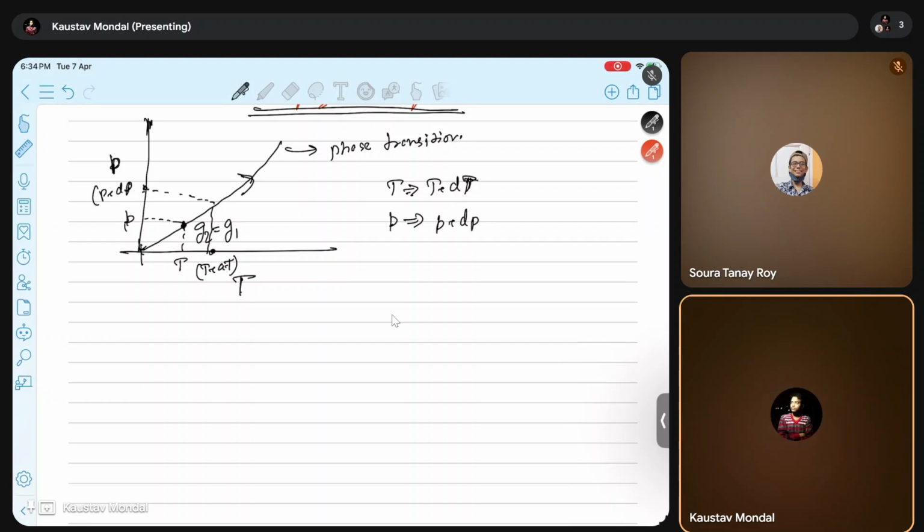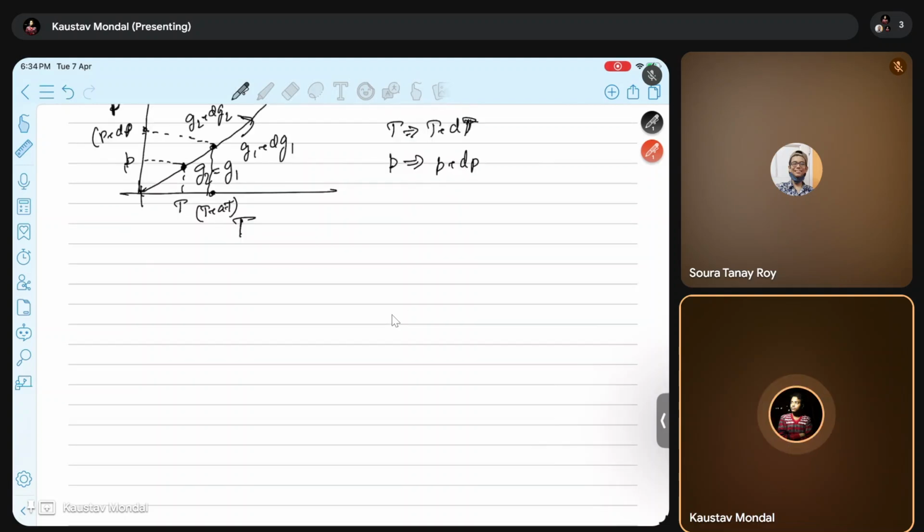At this new equilibrium point, the Gibbs free energy also will change. So the Gibbs free energy of phase 2 becomes G2 plus dG2, and that of phase 1 becomes G1 plus dG1. At equilibrium, G1 plus dG1 will be equal to G2 plus dG2.